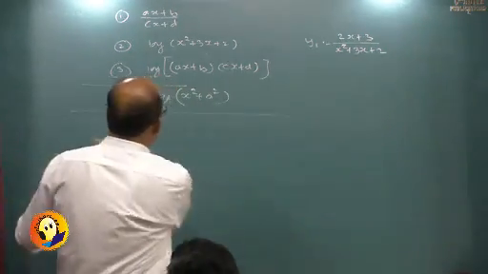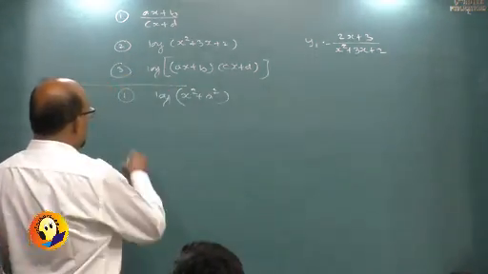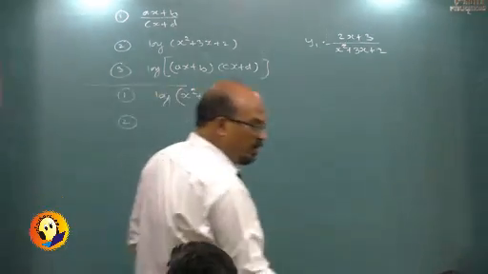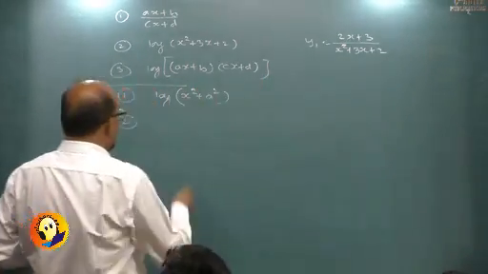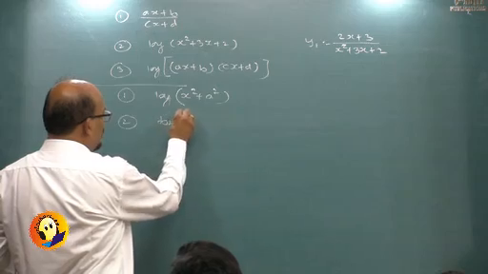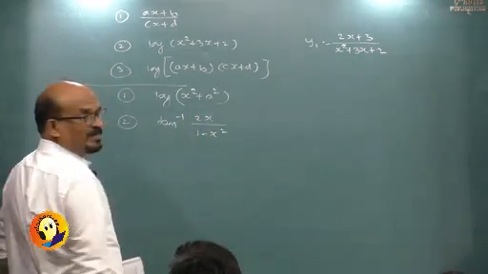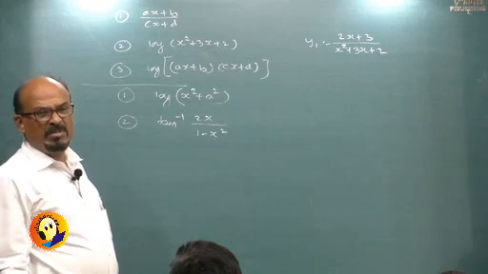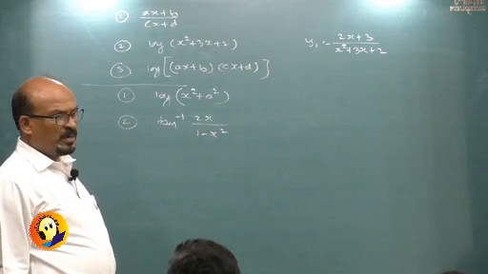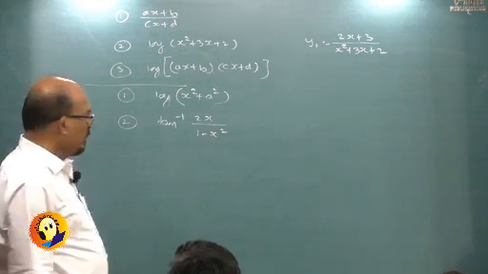So log of x square plus a square, first derivative, and you can do it. Second problem in this category is, just tell me the substitution. Tan inverse of 2x upon 1 minus x square. x is tan theta. 2 tan theta upon 1 minus tan square theta.